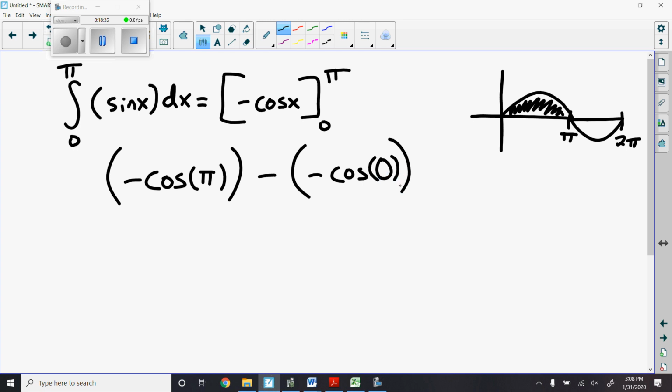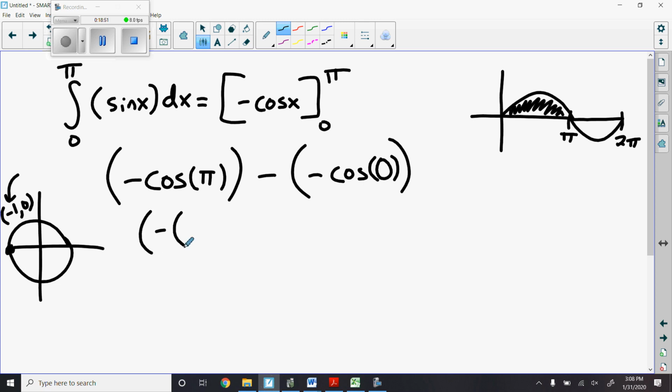Again, we can think back to our unit circle. I know pi is over here. That's at the point negative 1, 0. I know cosine is x. So I know cosine of pi equals negative 1. So what I have here is negative 1. Lots of negatives in this problem, so just something to keep an eye on.